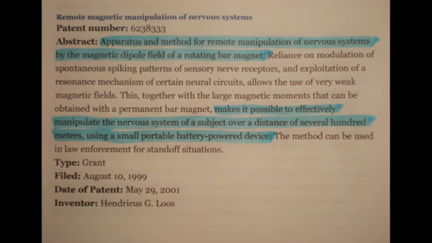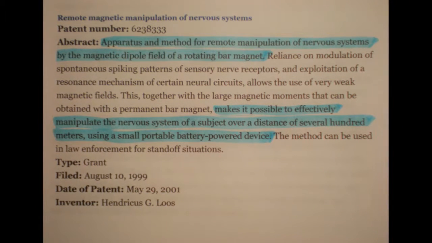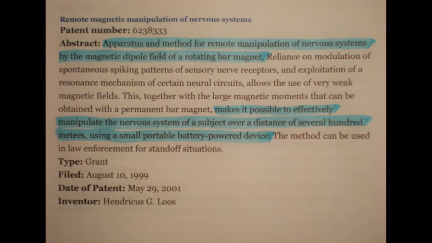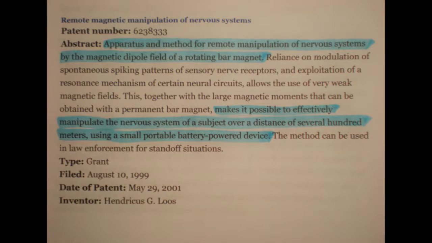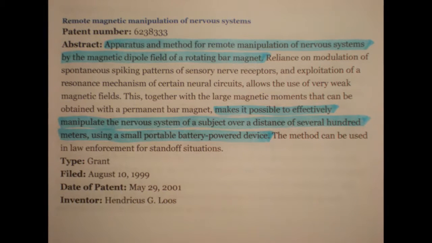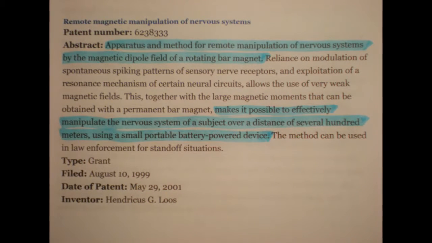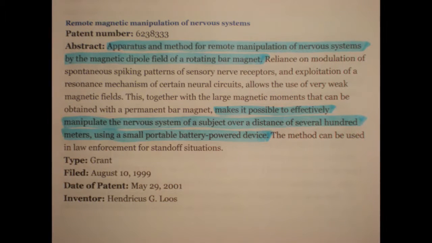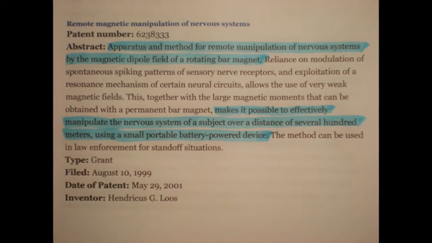Apparatus and method for remote manipulation of nervous systems by the magnetic dipole field of a rotating bar magnet makes it possible to effectively manipulate the nervous system of a subject over a distance of several hundred meters using a small, portable, battery-powered device.